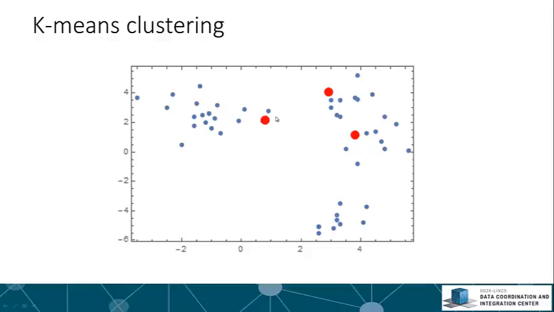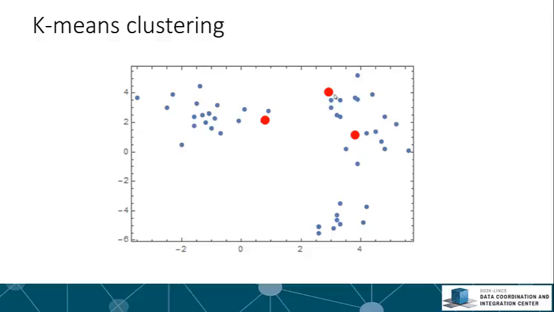We're going to initiate the K-means algorithm by randomly assigning 3 cluster centers. A very common way to do this is to randomly choose 3 of your objects. And these are indicated as large red dots. So these are our cluster centers.